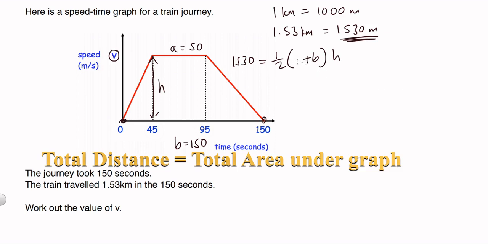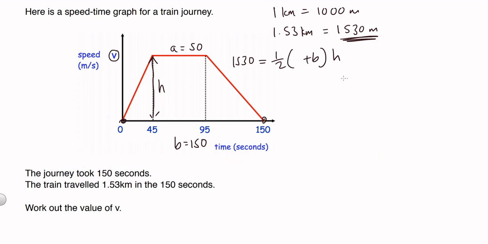The value of A, as I've written down here, is 50, and the value of B I've written down as 150. The only thing I don't know is h, and that's what I'm after. So what I can do is just solve this. 150 add 50 is 200. Half of 200 is 100.